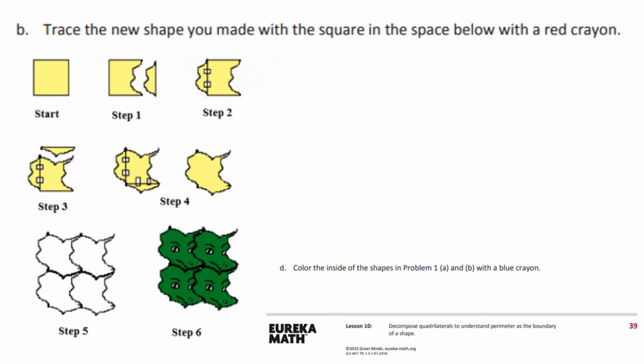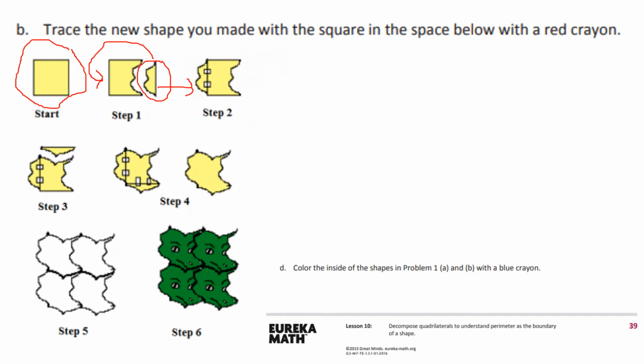You start off with your square first. Then you're going to trace a line and cut out one side of it, and then tape it onto the opposite side. So you can see this edge actually got moved over here.